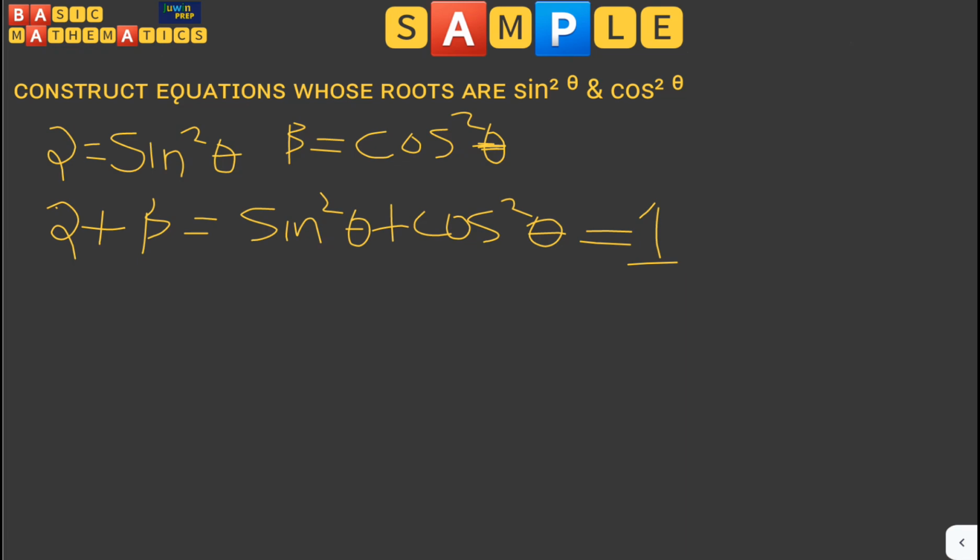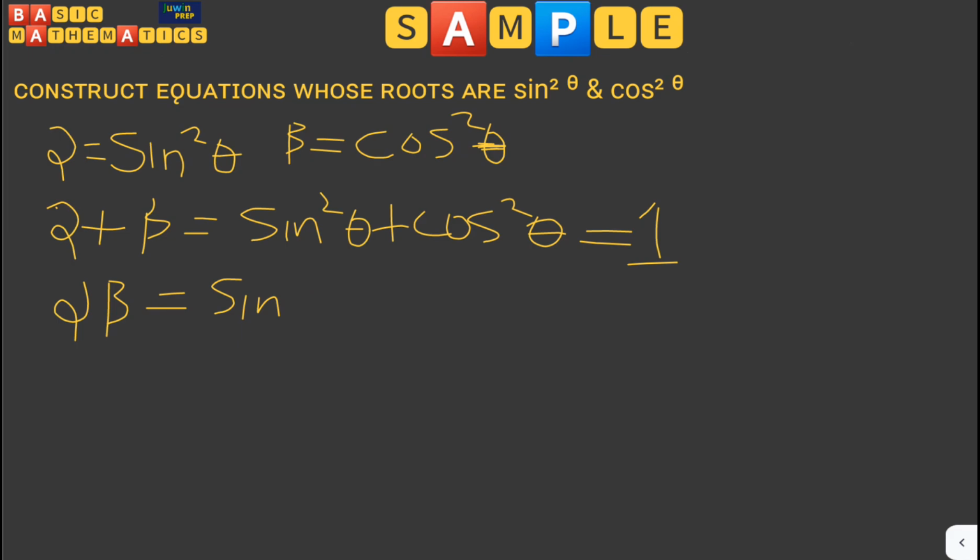Next, we would find the product, which is actually the product of the roots. We say alpha beta equals sine squared theta times cos squared theta.